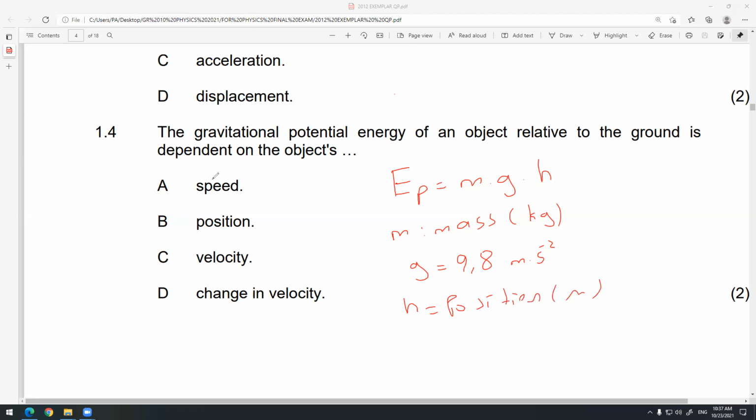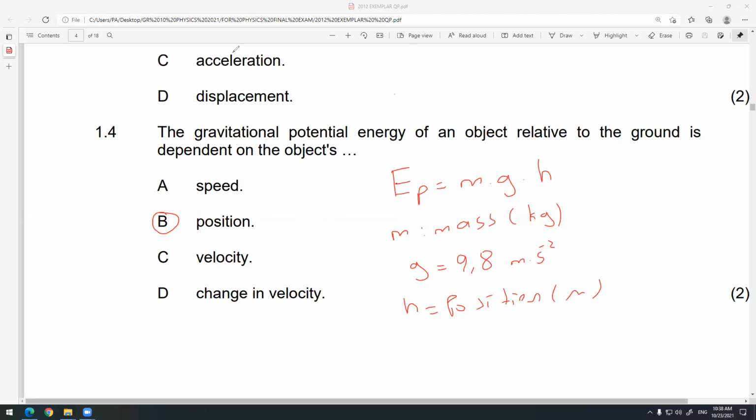As you see, people, the first option, what is our correct option? Position. Height or position, we can say. Because gravitational potential energy depends on mass, gravitational acceleration, and height, or position, we can say. So, position in meters, the answer is position.